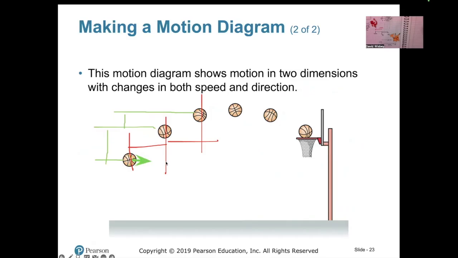What's interesting is that in the X direction, it's constantly moving by the same amount in time. Its velocity doesn't change as you go forward, so its forward velocity is the same. However, its y velocity is different.